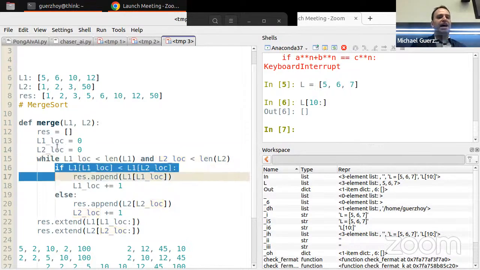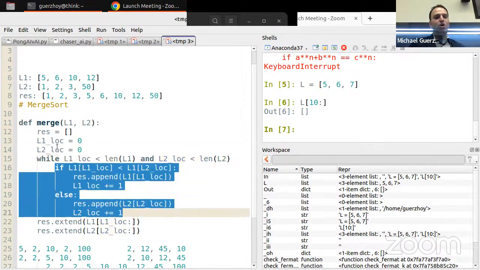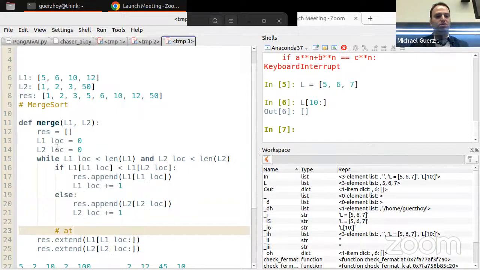So that means that in all, this would be at most, in fact, one fewer, because you are not going to run out of both. So you keep incrementing either the L1 location or the L2 location. You're not going to increment both to the end. So this is this many iterations.